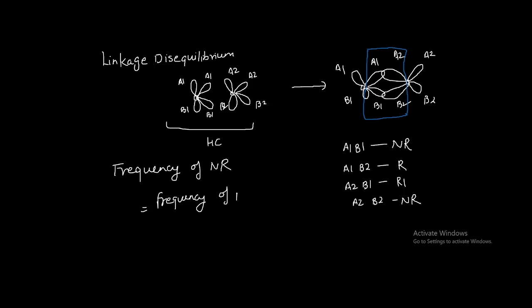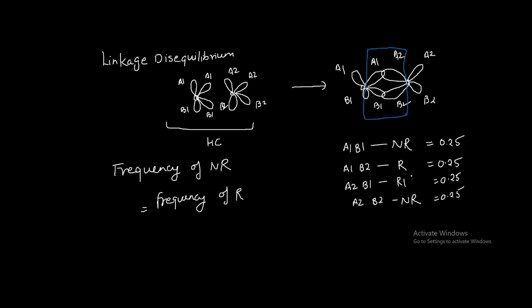This is Mendel's law. Because the overall frequency cannot be more than 1, it will be 0.25, 0.25, 0.25 and 0.25. This is according to Mendel's law.